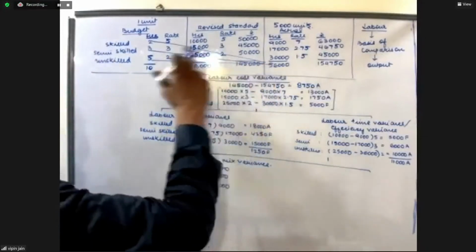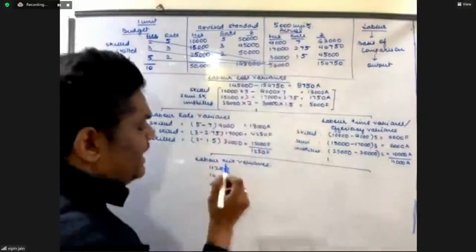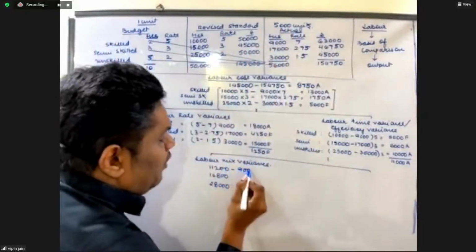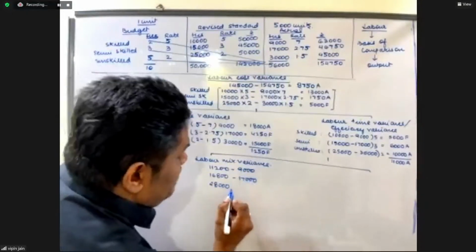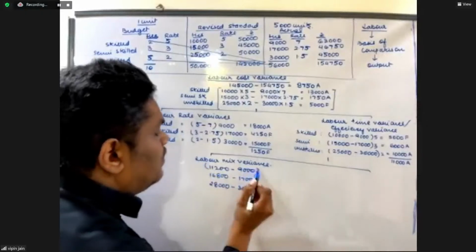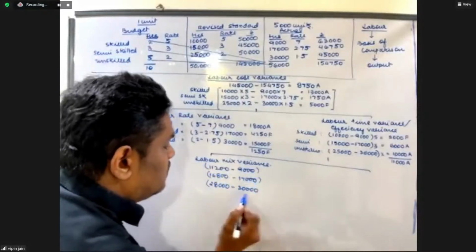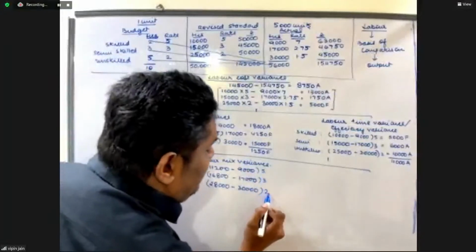So 56,000 should be in the ratio of 2:3:5. However, 56,000 was actually in the ratio of 9,000, 17,000, and 30,000. Into the rate 5, 3, and 2.